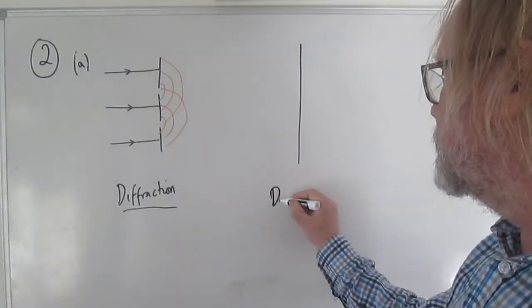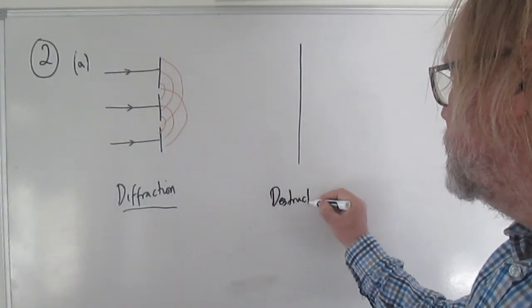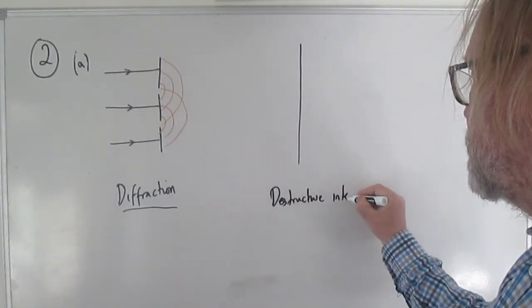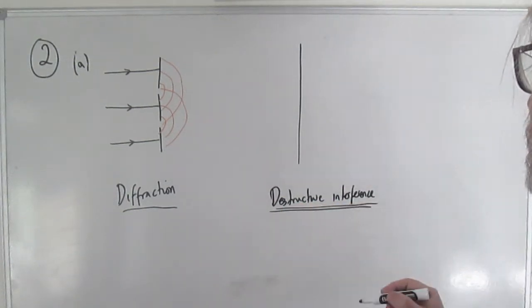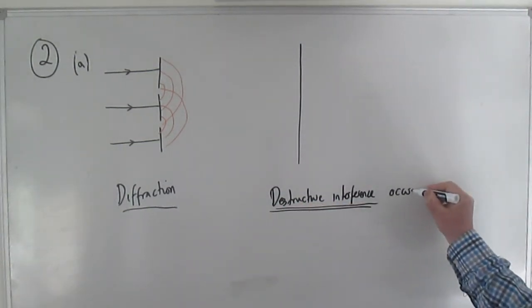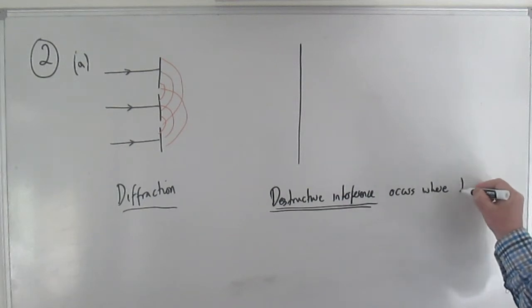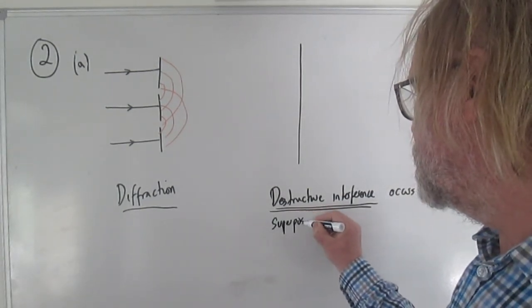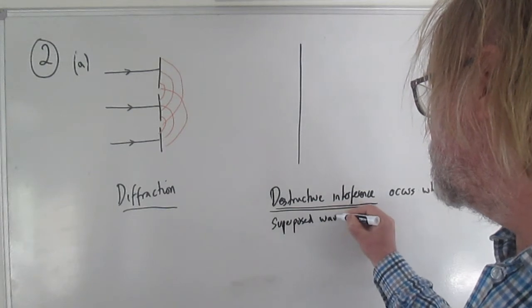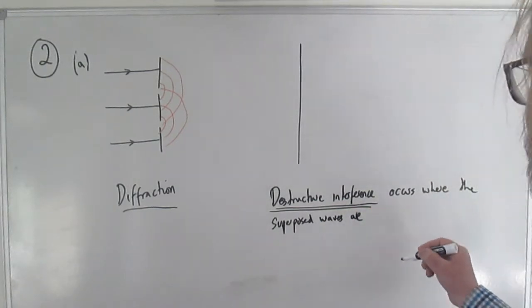So you say that destructive interference, so again that term needs to be there, occurs where the superposed waves are out of phase.